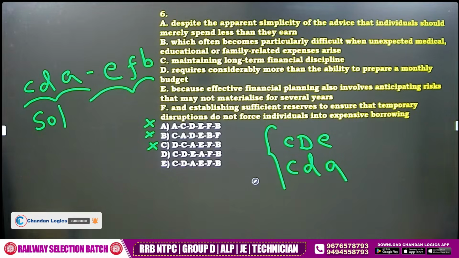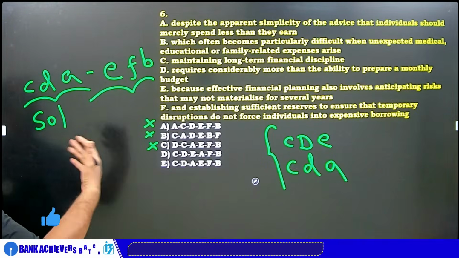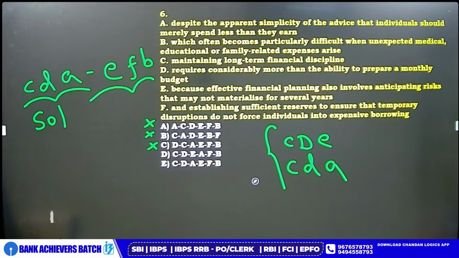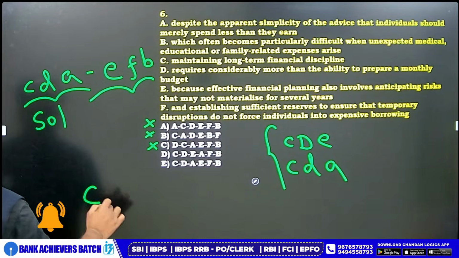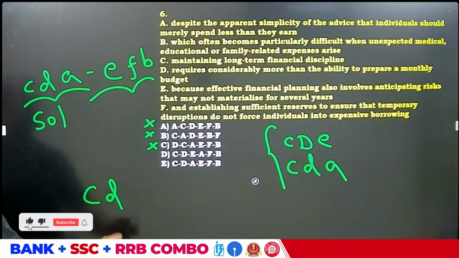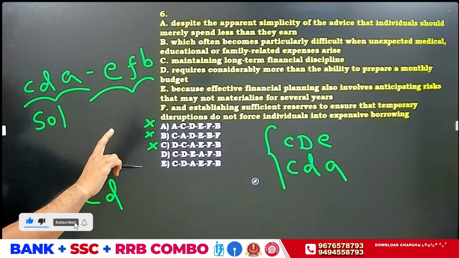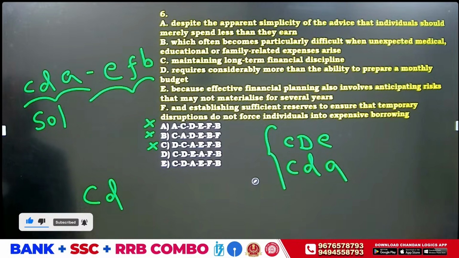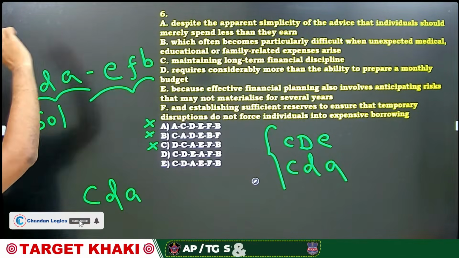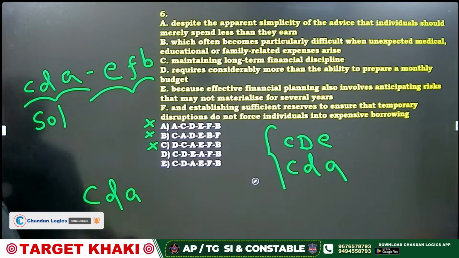Okay, guys? If you want, you can read it more. I'm giving you time deliberately so that you read it. See? Maintaining long-term financial discipline requires considerably more than the ability to prepare a monthly budget, despite the apparent simplicity of the advice that individuals should merely spend less than they earn.